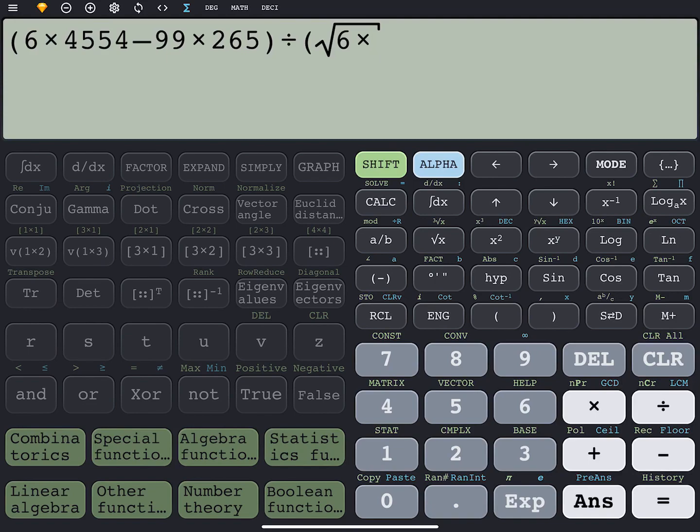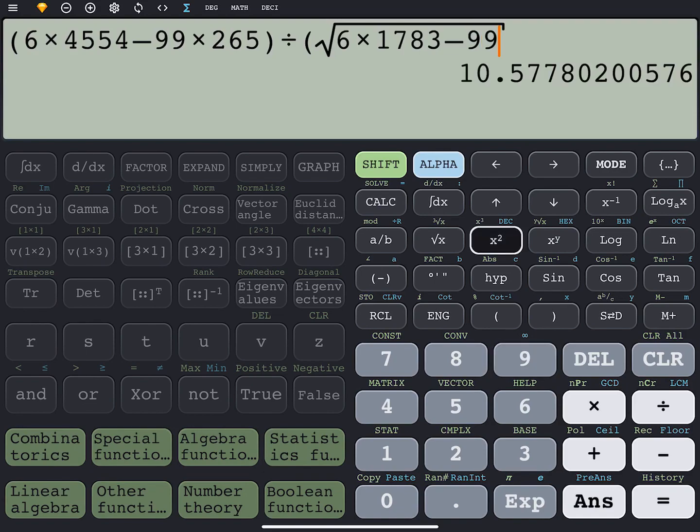What's sum x squared? 1783 minus 99 squared, so we're going to square that here.